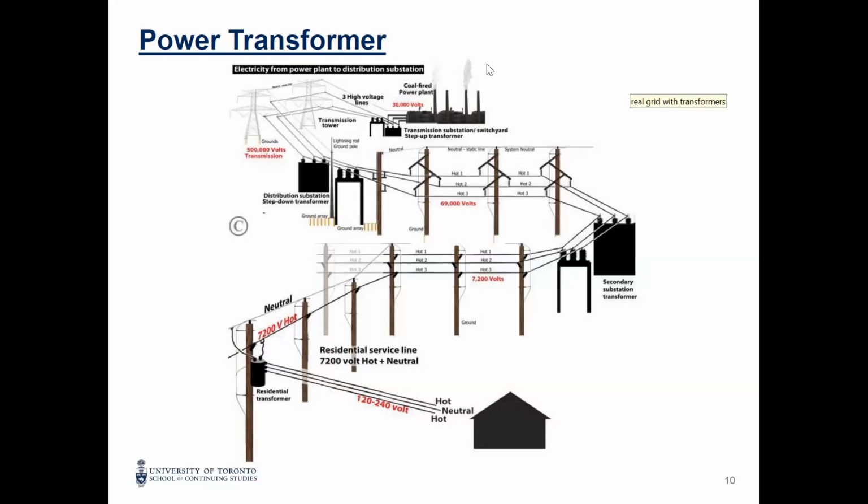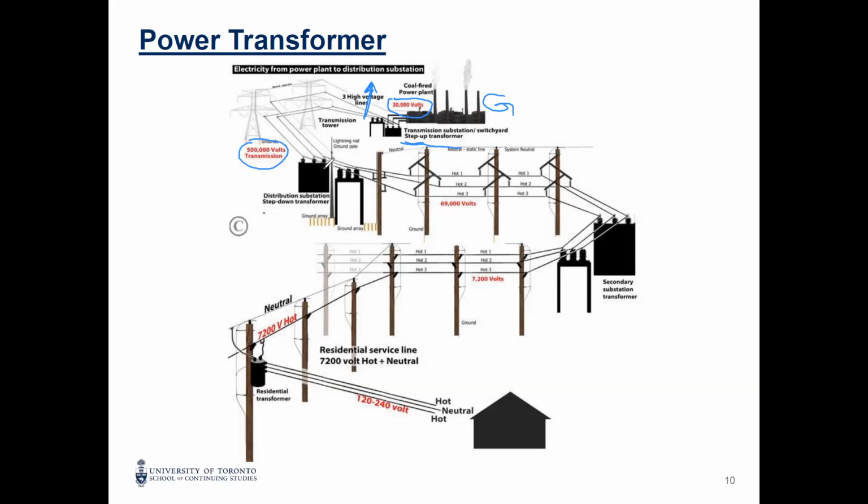So for the generation, here we have one of the generators connected here. This is the generator. You have a step-up transformer, because with the generation you cannot go beyond, for example, 30 kV, 35 kV, but you want to make the voltage higher. So you use the step-up transformer to make the voltage higher. You can see for this transmission, it's like 500 kV.